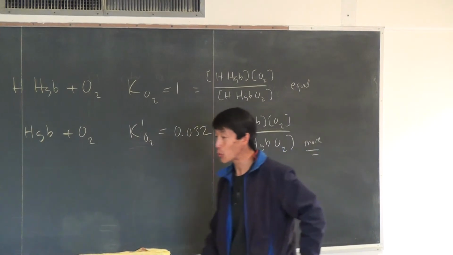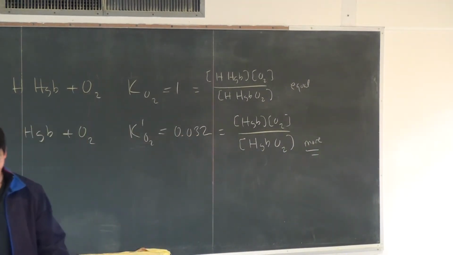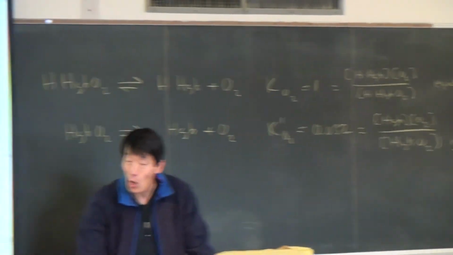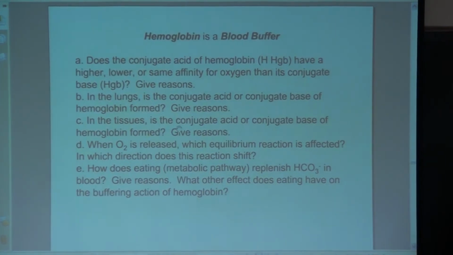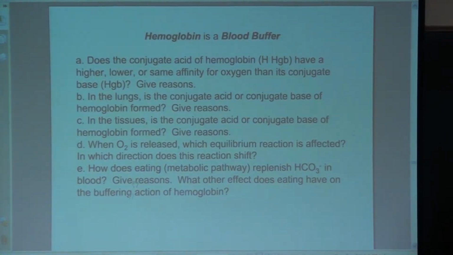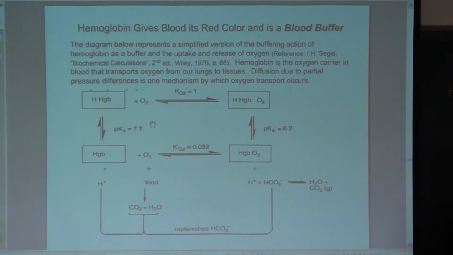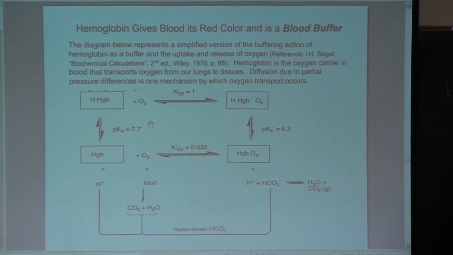Okay, let's go into question 2. In the lungs, is the conjugate acid or conjugate base of hemoglobin formed? Okay, so if we go back one slide, again, is the conjugate acid or conjugate base of hemoglobin formed? Okay, so what's happening in our lungs?